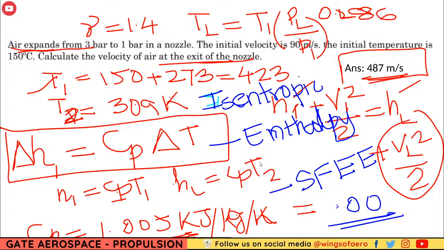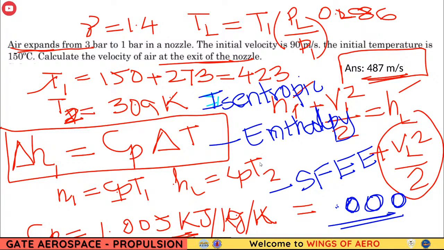So if they ask for one decimal place, write one decimal place only. If 2, write 2. If 3, write the third one. Because it is a computerized method, whatever number of digits they ask, give that number accordingly.